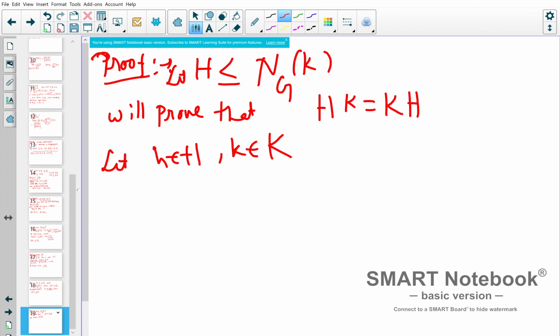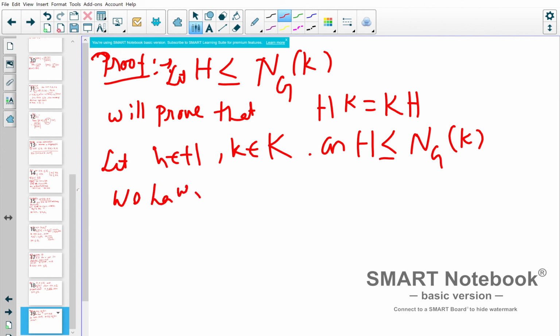So elements of H normalize K. As H is a subgroup inside the normalizer of K in G, the normalizer of K in G is nothing but those elements which normalize K, right? So that means h normalizes K, so h k h inverse is an element of K. This is given to you.